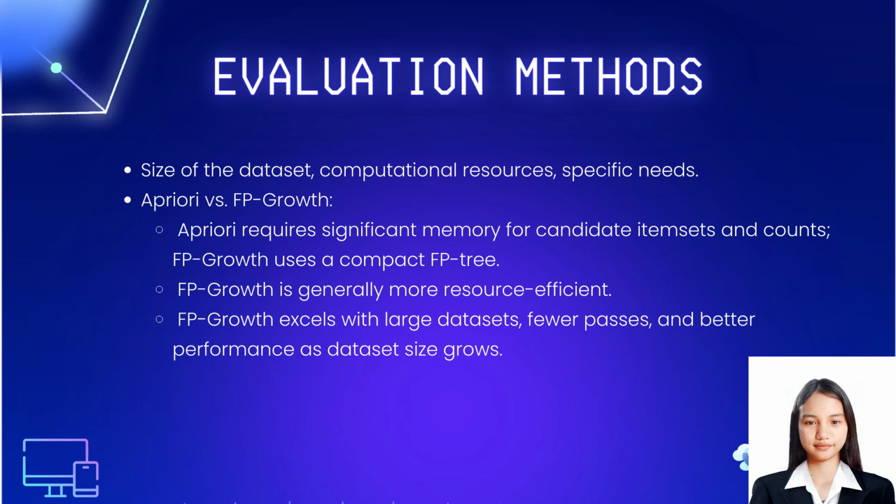FP growth's ability to build a compact FP-tree and generate implicit candidates gives it an edge in resource efficiency. However, the choice between Apriori and FP growth depends on various factors including dataset size, computational resources, and specific requirements. For instance, Apriori may still be a viable option for smaller datasets, prioritizing simplicity and interpretability.